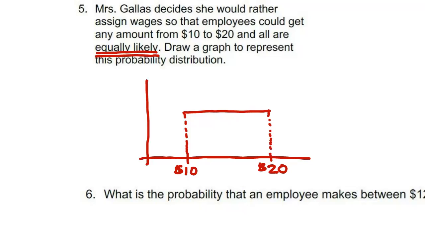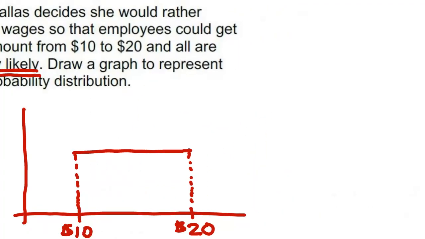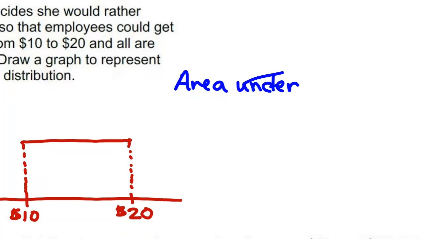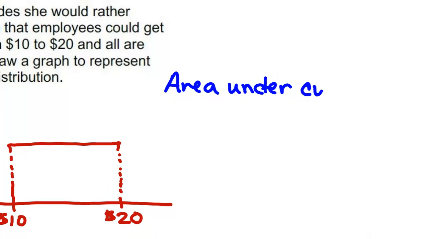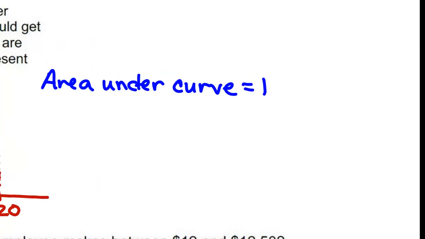What should the area underneath the curve be? 1. Should always be 1 so that it adds up to 100%. Area under the curve is equal to 100%.